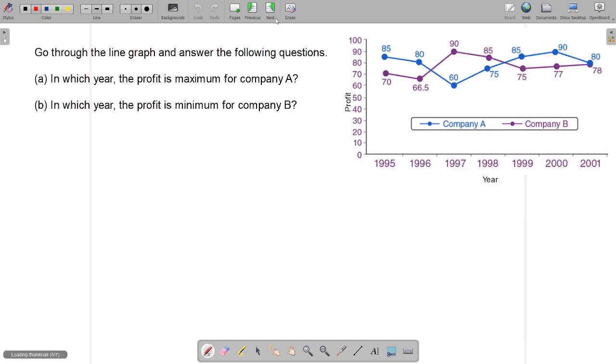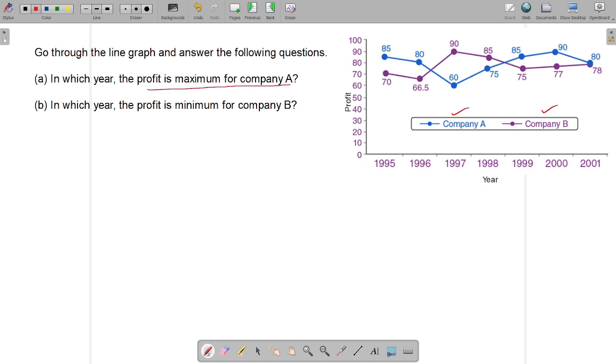So this is a line graph. Go through the line graph and answer the following. Dear children, the horizontal line is the x-axis. Year is marked and vertical profit is marked. Company A is marked in blue and company B in purple. In which year is the profit maximum for company A?